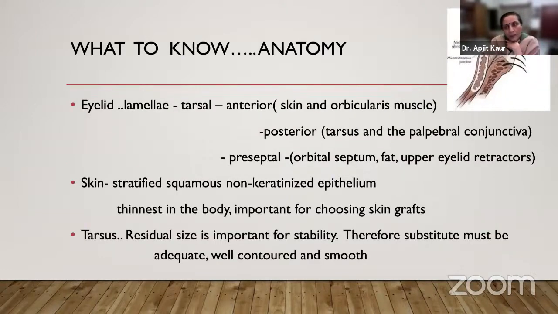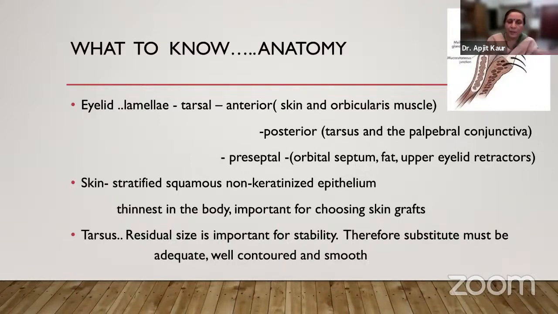Before embarking, it is important to know that the eyelid is a lamellar structure. And interestingly, the parts of the eyelid have different lamellae. Like the tarsal part has only two lamellae, the anterior and the posterior. But the preseptal area has another lamella, which is the middle lamella, which is called so because of the orbital septum, the fat, and the upper eyelid retractors.